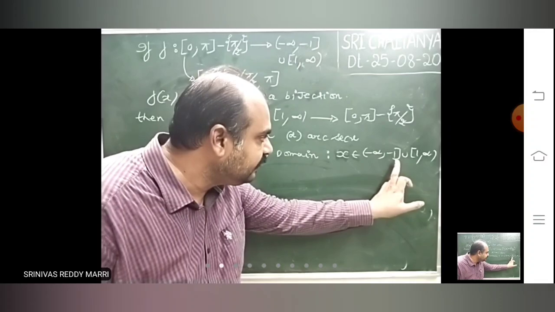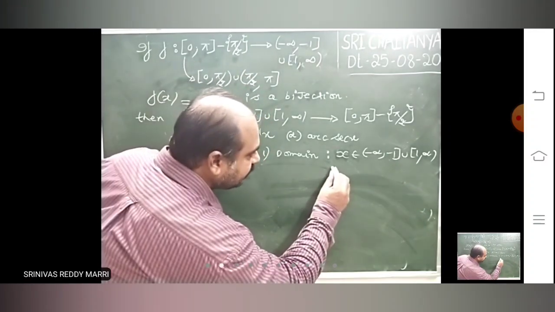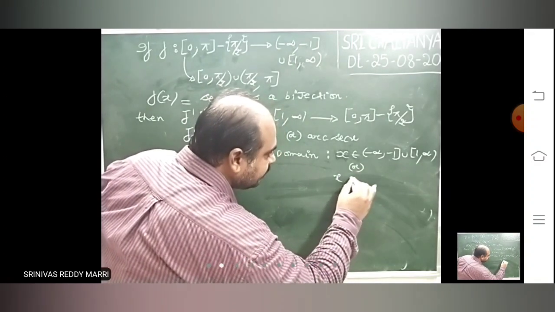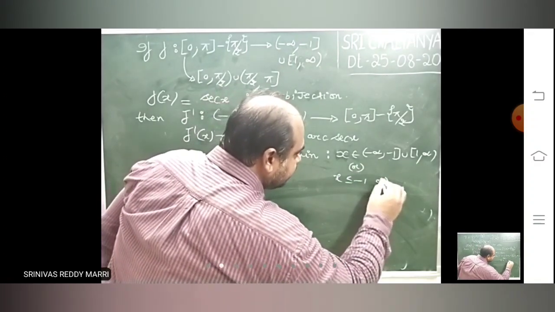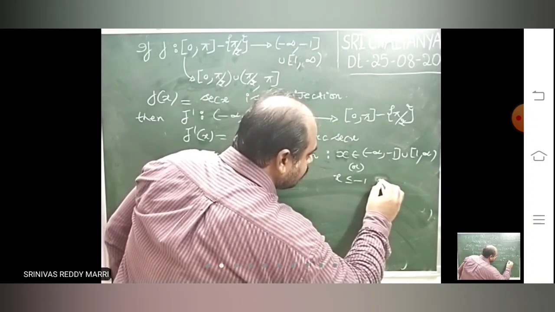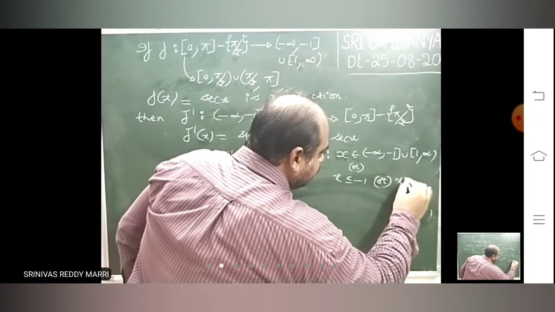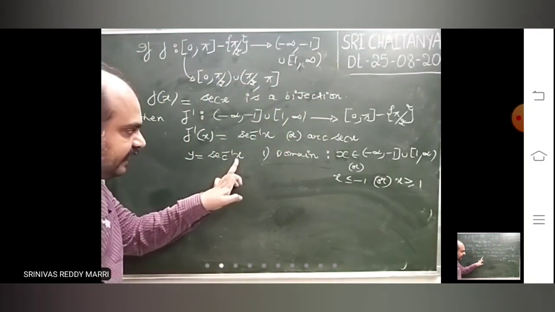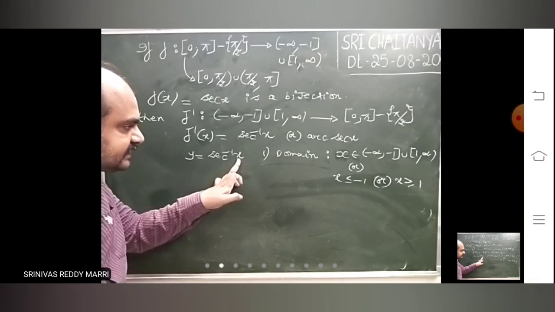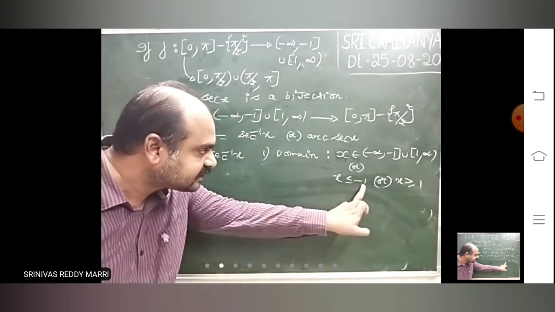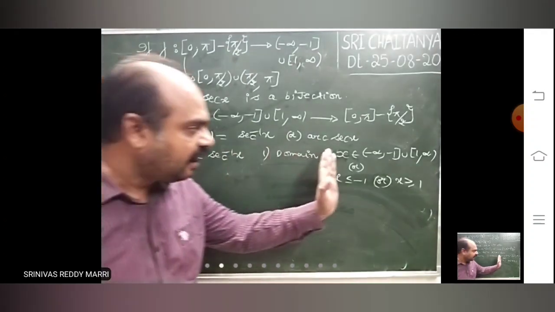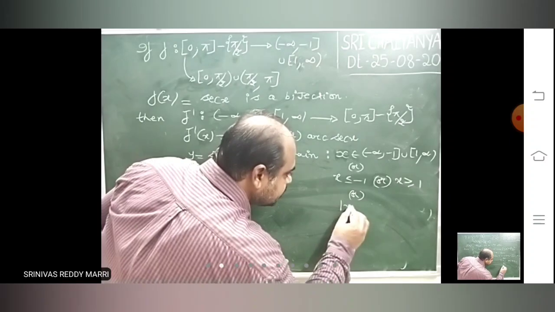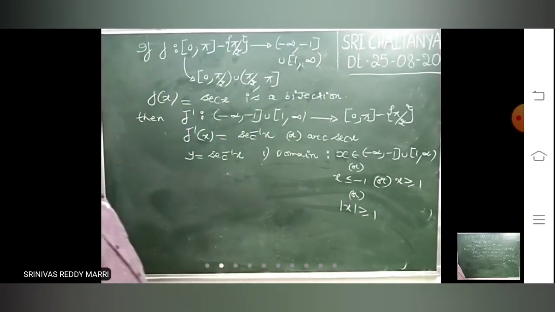Domain means x will be less than or equal to -1, or x greater than or equal to 1. That means secant inverse x will be defined only if the inside x values are less than or equal to -1 or greater than or equal to 1, or like this also, modulus x greater than or equal to 1.